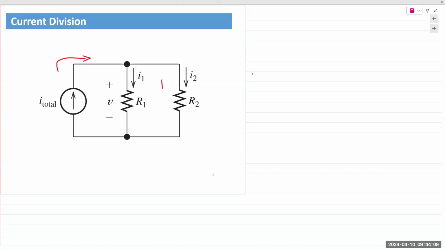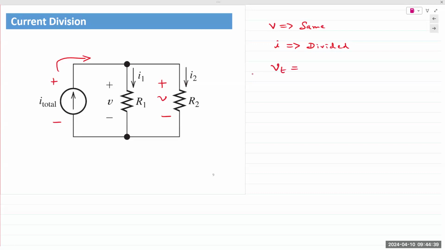So let's see. Voltage V in a parallel connection remains the same, right? So the total current I total being applied to these resistors is going to remain the same. So in current division, V is the same, and current is divided. And again, current division is a shortcut derived from Ohm's law.